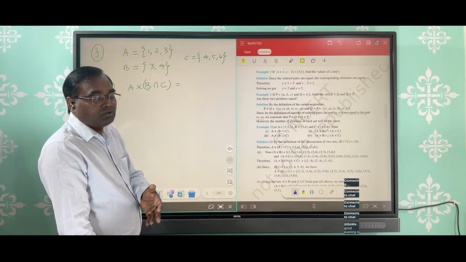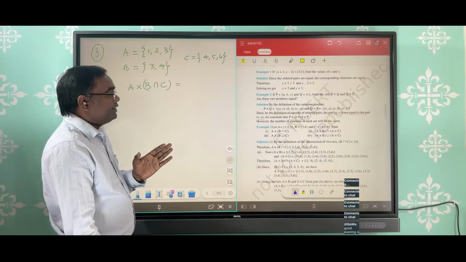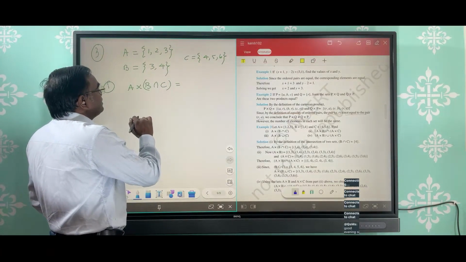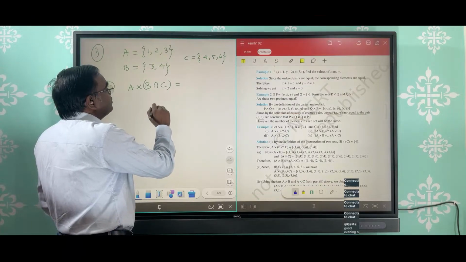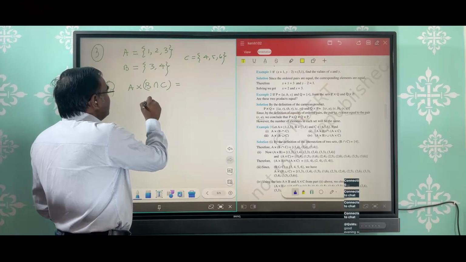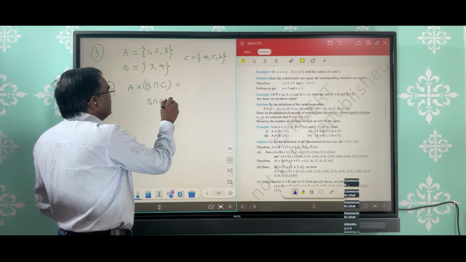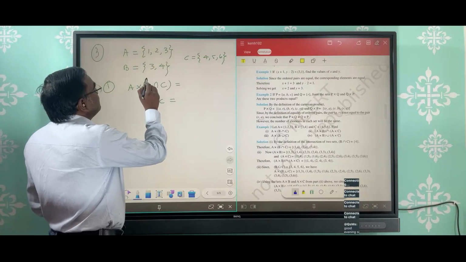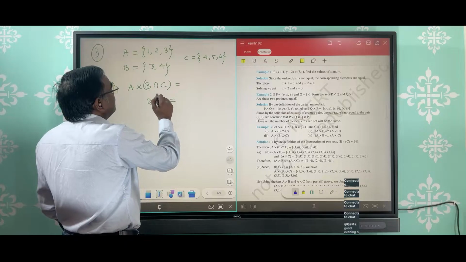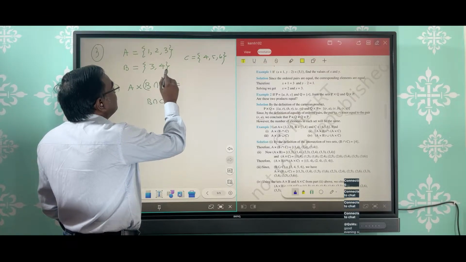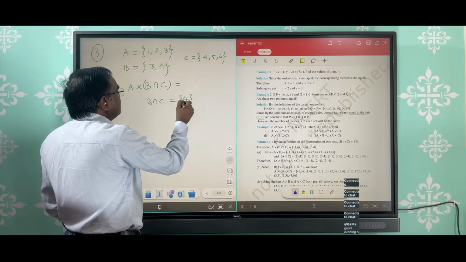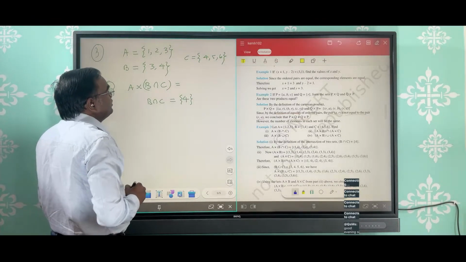So study properly. Don't skip anything. So how can you find A cross B intersection C? For that you will first find B intersection C. You can find B intersection C from here: 3, 4 and 4, 5, 6 common. What is common? 4 only. So B intersection C is the set of 4. That is common to both.